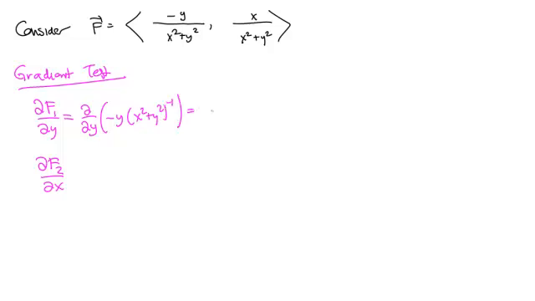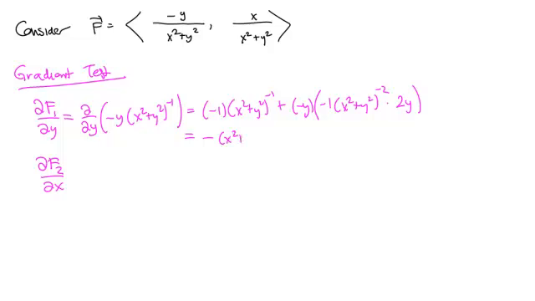So using the product rule, we'd have the derivative of the first times the second, x squared plus y squared to the minus 1, plus the first piece, minus y, times the derivative of the second, which would be minus 1 times x squared plus y squared to the minus 2 times the derivative of the inside, which is 2y. So if we clean this up, we're going to get negative x squared plus y squared to the minus 1 plus 2y squared times x squared plus y squared to the minus 2.